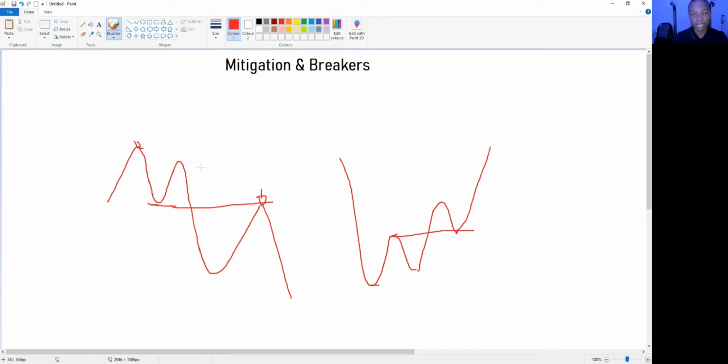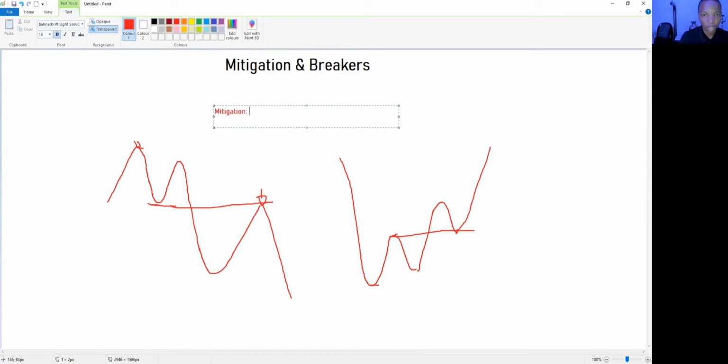So the distinct features of mitigation, let me write them down for you guys. You have a failure swing. This means that the market failed to break above. In the context of an uptrend, it failed to break above the swing high. In a downtrend, it failed to break below the swing low.